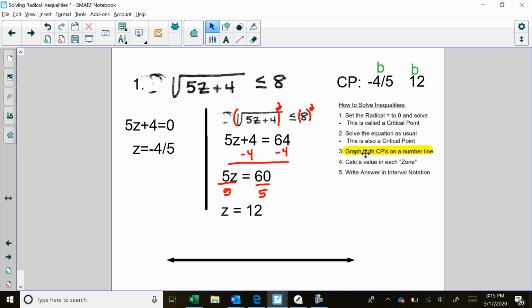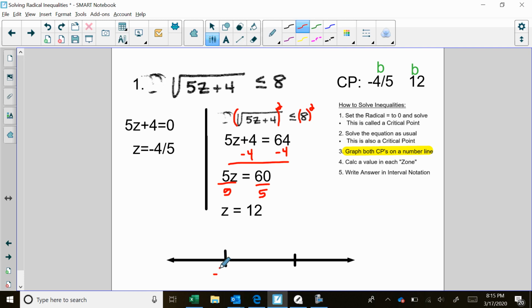Step 3, put the critical points on a number line. I've already got a number line set up. This does not have to be very detailed number line. You just have to put your critical points in some type of chronological order. They don't have to be specific. So you can say, hey, that's going to be negative 4/5.